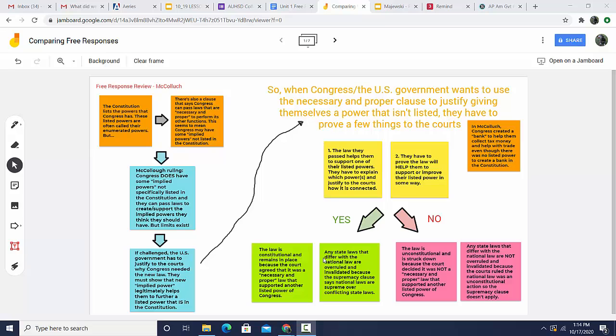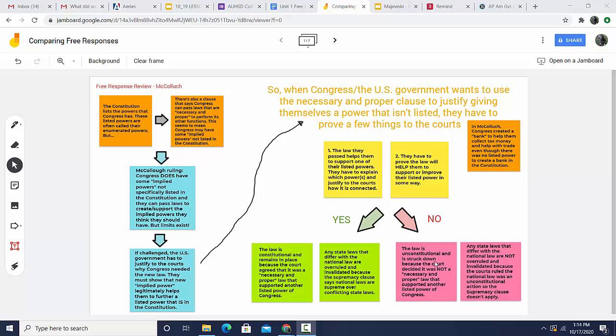And obviously that would mean any state laws that differ with the national law would be overruled and invalidated. Because remember, the Supremacy Clause says national laws are superior or supreme to state laws whenever they conflict. All right? So that's a win for the national government whenever the courts side with them and say that was an acceptable use of the necessary and proper clause.